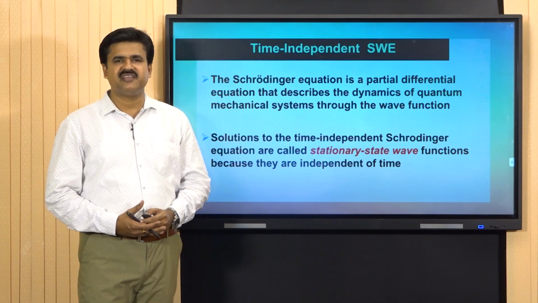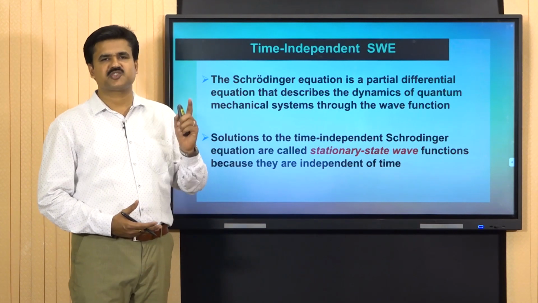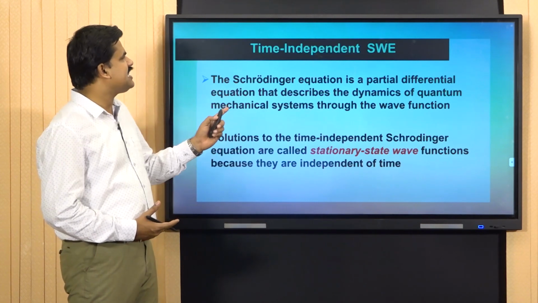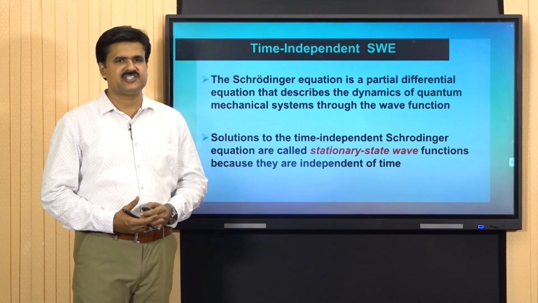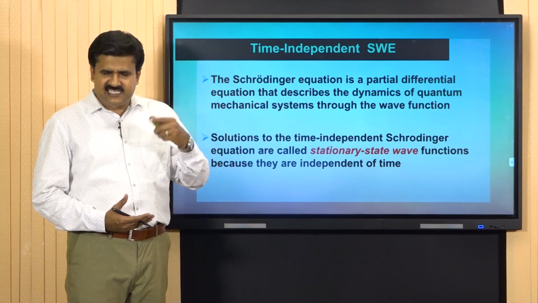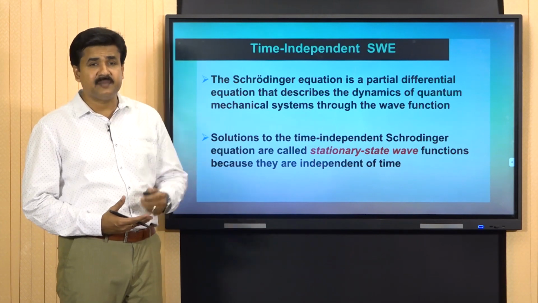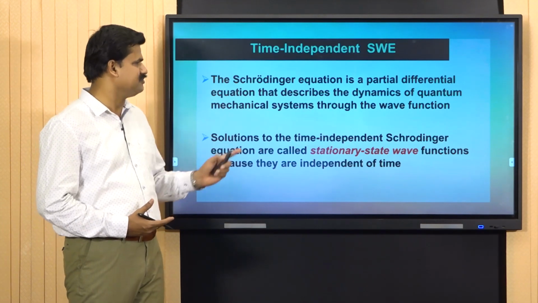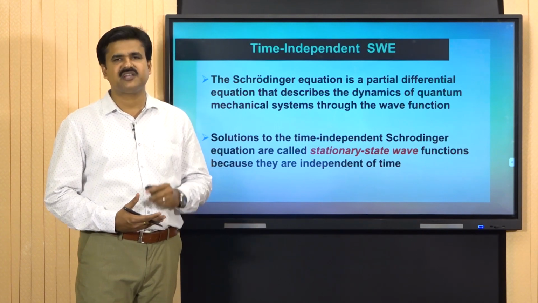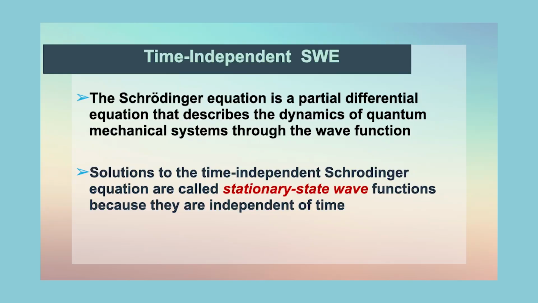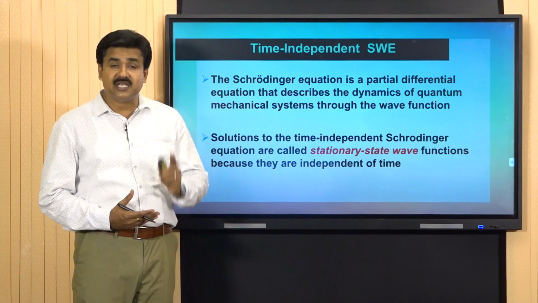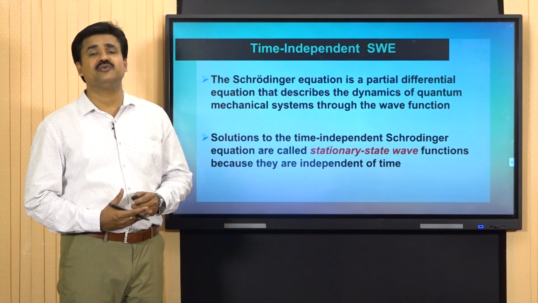Now, time-independent Schrodinger wave equation. The Schrodinger equation is a partial differential equation. That is, it describes the dynamics of quantum mechanical systems through wave function or psi. Solutions to the time-independent Schrodinger equation are called stationary state wave functions because they are independent of time.